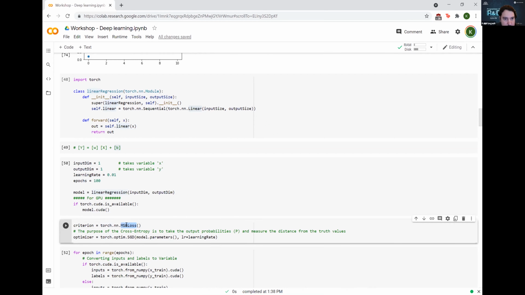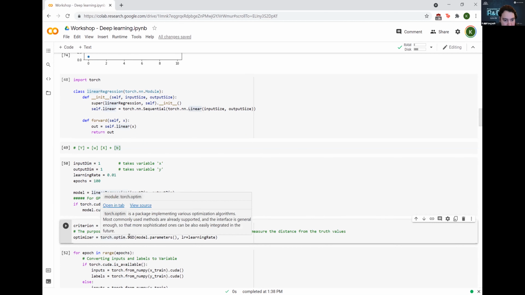This is also part of the PyTorch library. The optimizer, as I said, will just be stochastic gradient descent. When you create the optimizer, you have to pass it the parameters that you're going to be optimizing or learning. In this case, you just have to do model.parameters(), and PyTorch will know how to fetch those parameters for you. And as I said, the only real hyperparameter we're going to be working with is the learning rate here.